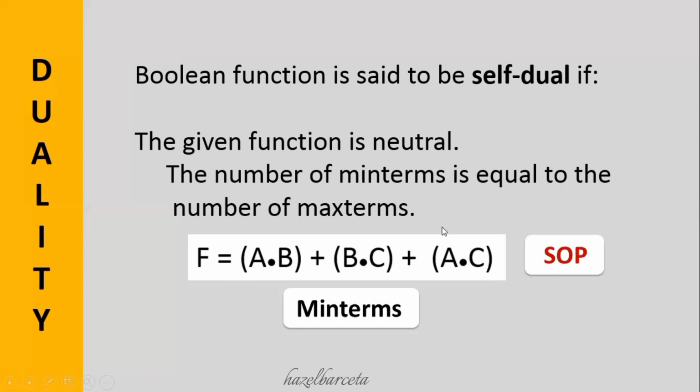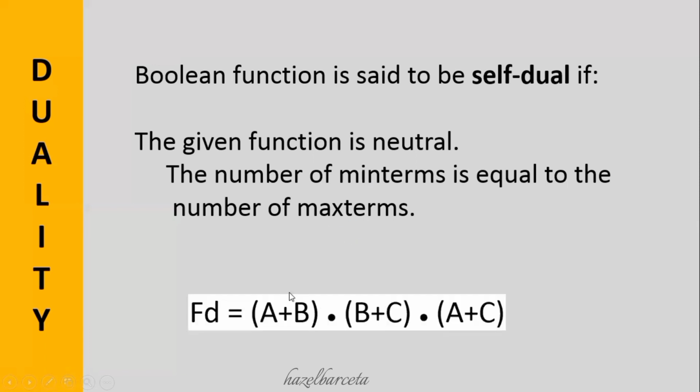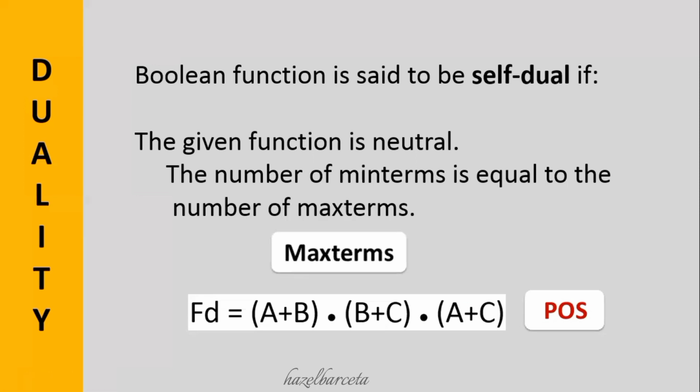Okay? So, let's analyze what is max terms. Sa max terms naman, kunin po natin yung nakadual. Max terms, this is sum, this is product. Therefore, product of sum or POS. Sa POS, ang tawag po sa mga terms niya ay max terms.